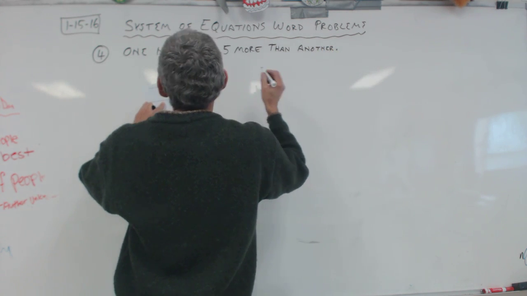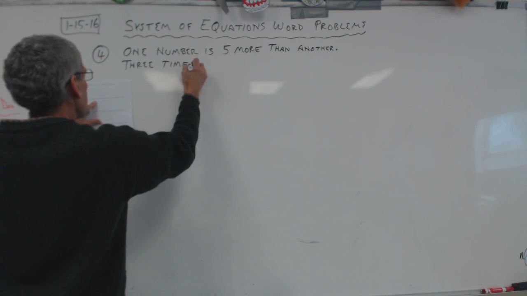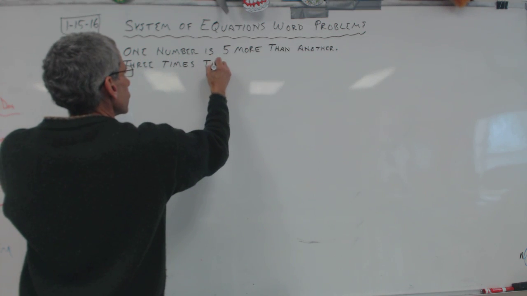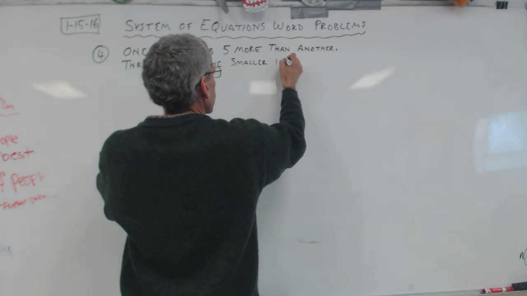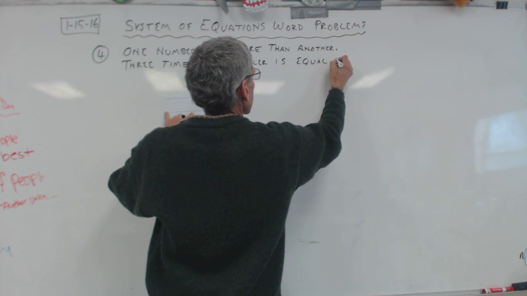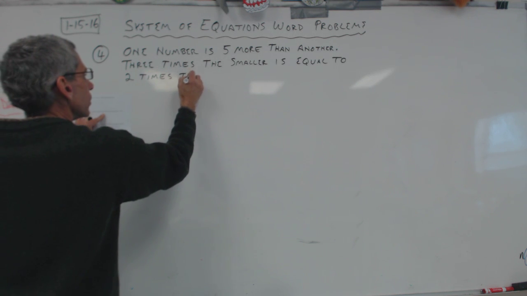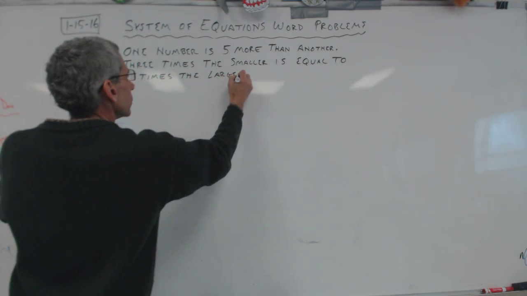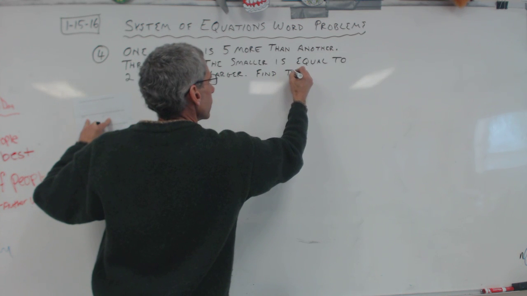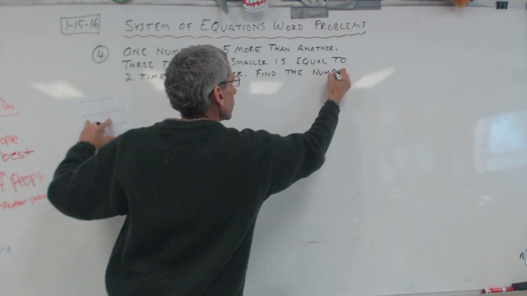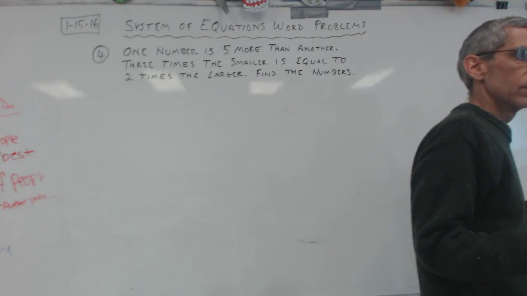Period. 3 times the smaller is equal to 2 times the larger. Find the numbers.